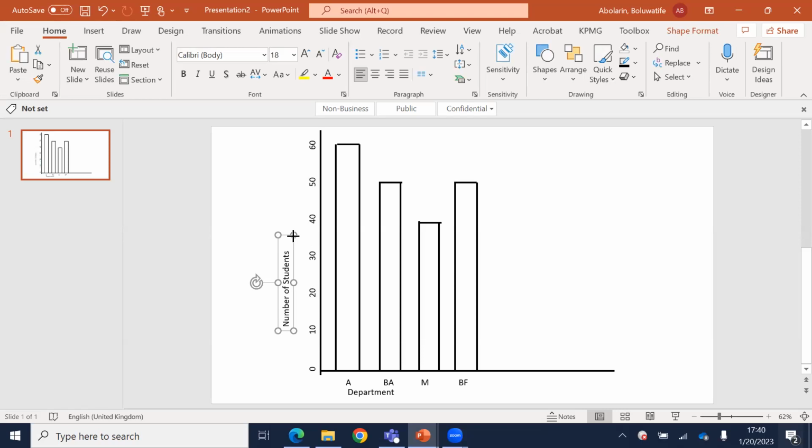Number of students. So don't forget to put these important things too. Now this represents department and this represents number of students. So this is the solution to what a bar chart is.